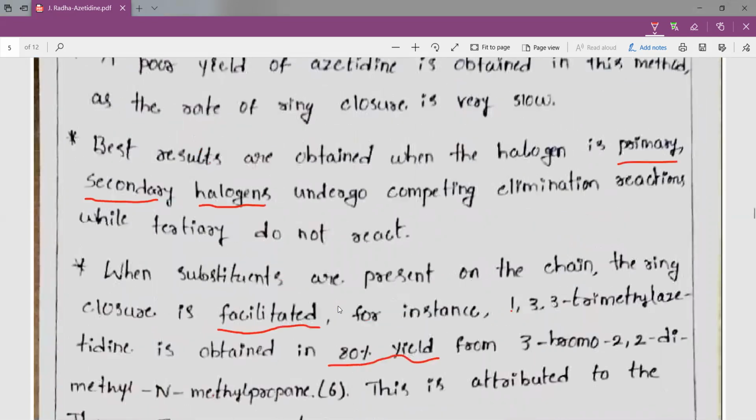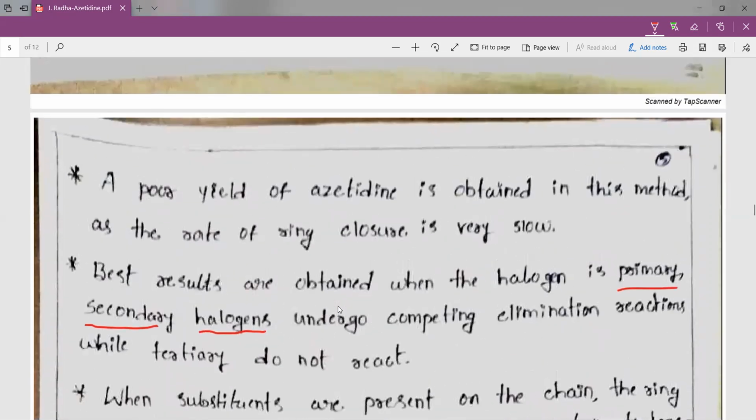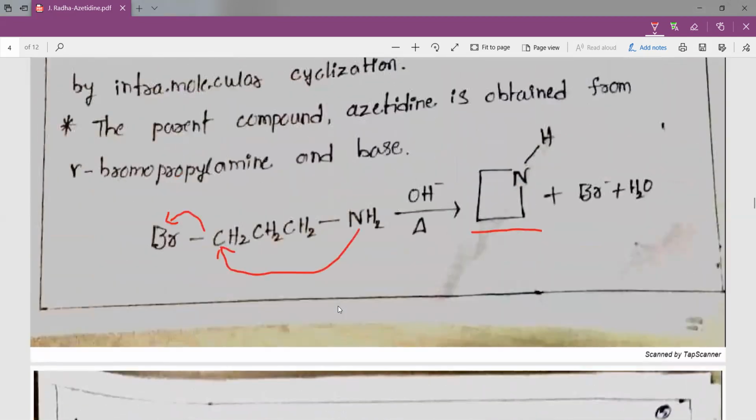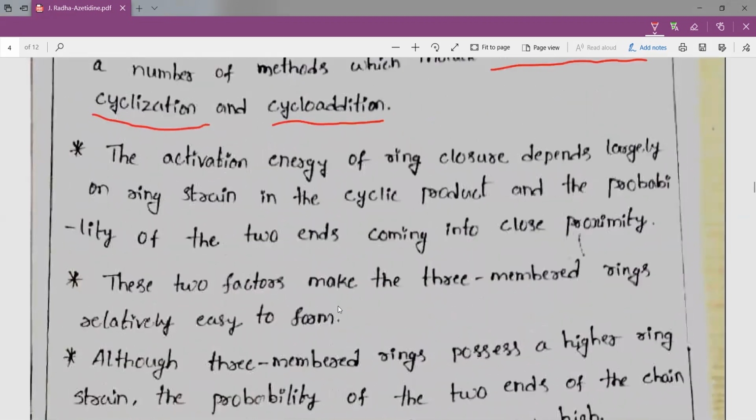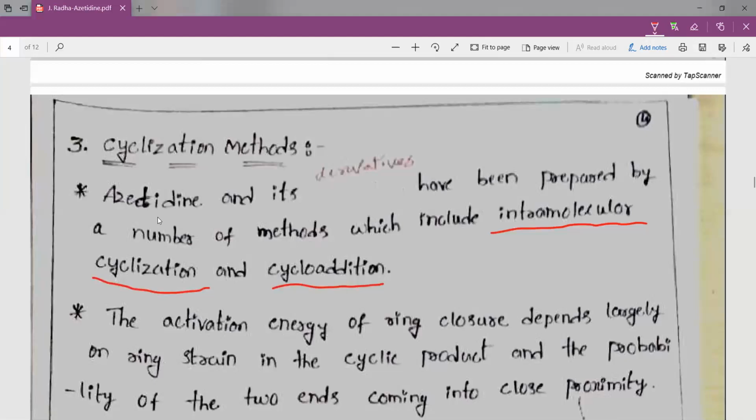So the remaining two methods are for the synthesis of azetine. This is an important method. So cyclization method, intramolecular cyclization, where the gamma halo amines are converted into azetidines on treatment with hydroxide ion.